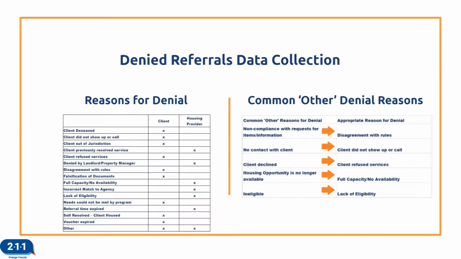And these reasons should actually be categorized differently. So instead of selecting other for the reason they were denied, you should be selecting one of the other options from the dropdown. So the first is non-compliance with requests for items or information.